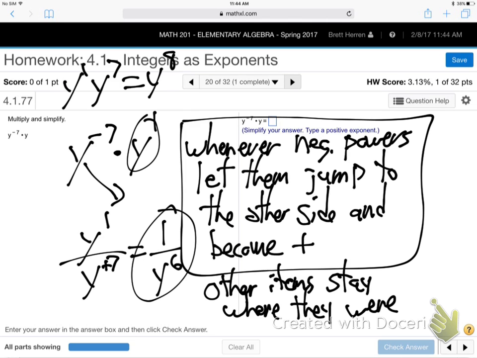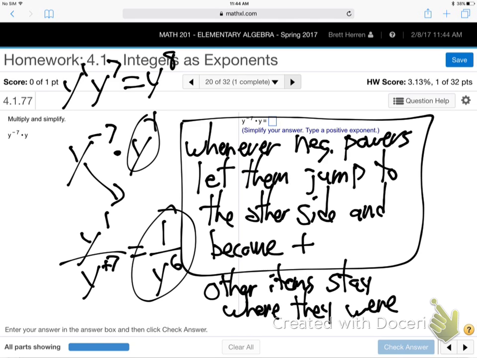So let me talk about that a little bit. How do we get to that final answer? Again, the negative powered item jumps to the bottom and becomes positive. Remember, negative powers are unhappy where they're at. They want to jump to the side. Whereas the regular y, he's happy. He's just going to stay on the top. He doesn't have a negative power on him. He's not unhappy. He's going to stay right where he's at. But the negative power guy's unhappy.